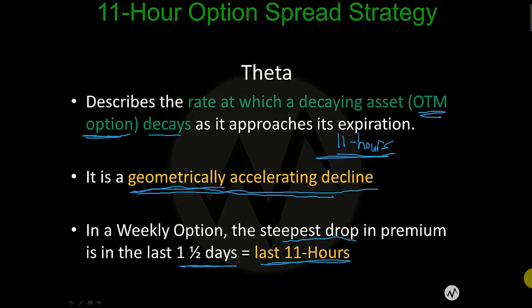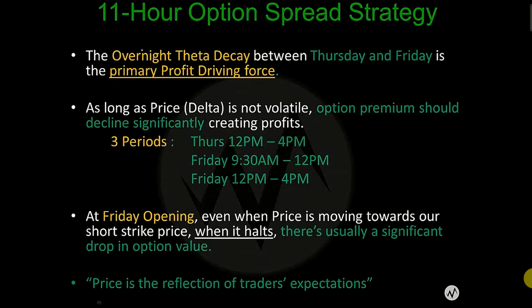But understand, this is what drives money. This is what makes it profitable. The overnight theta decay between Thursday and Friday is the primary profit driving force. Yes, you can make money Thursday afternoon, and yes, you can make money Friday afternoon, but the transition from Thursday to Friday is usually the greatest rate of theta decay, as long as the price is not overly volatile.